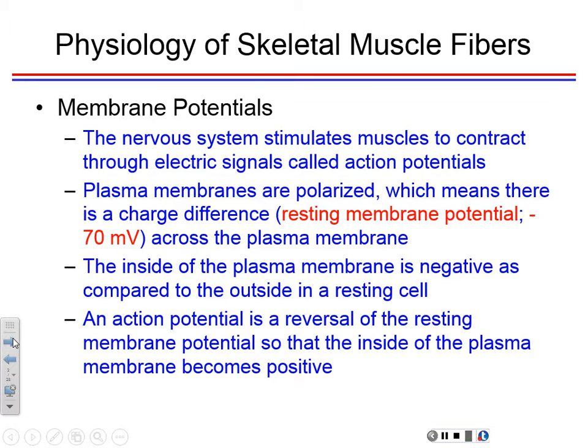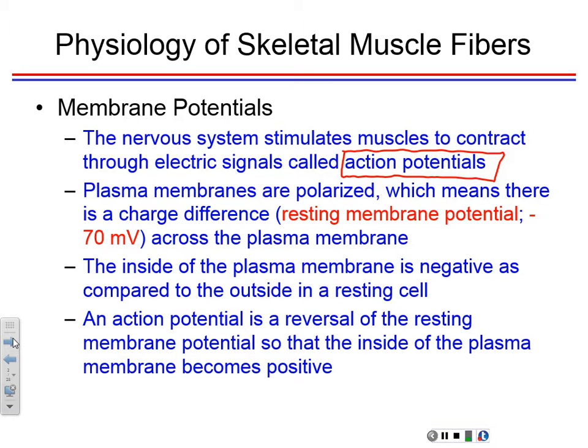And then when we do electrophysiology, we'll be able to see that in action. So it is the nervous system, of course, that stimulates the muscles to contract via those action potentials. That's the electrical conductivity in the body.